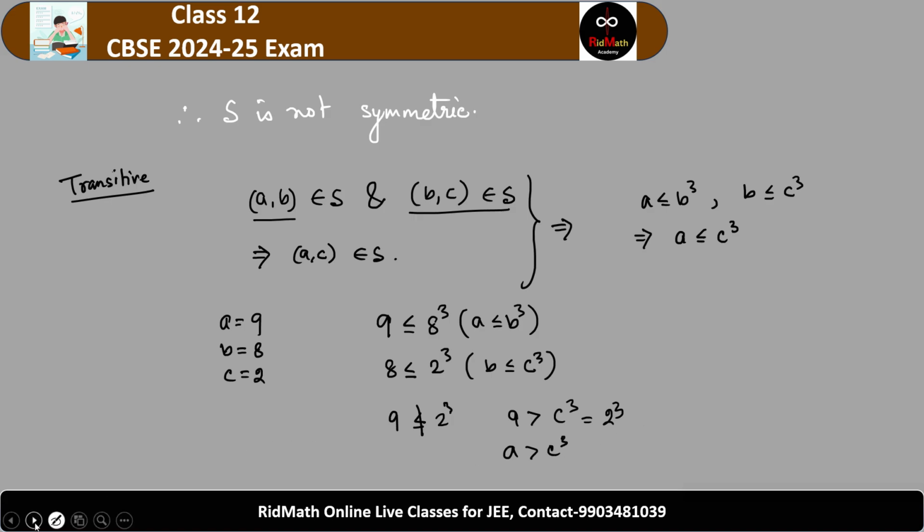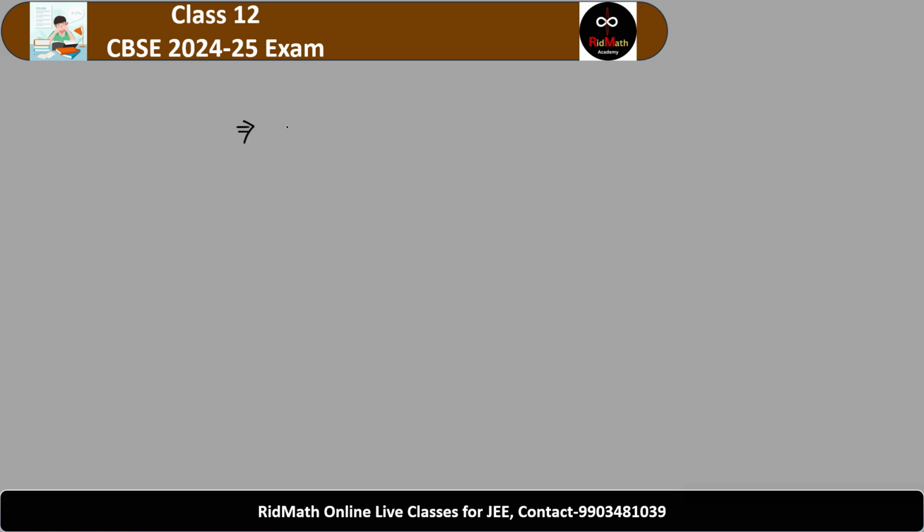So we have an example that (9, 8) belongs to S and (8, 2) belongs to S, but (9, 2) does not belong to S. So here it fails the transitivity also.